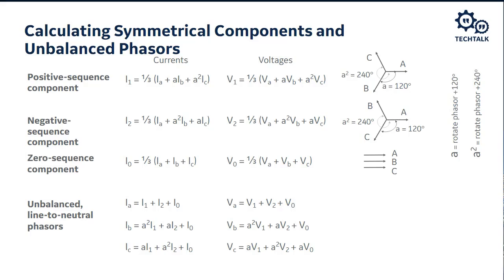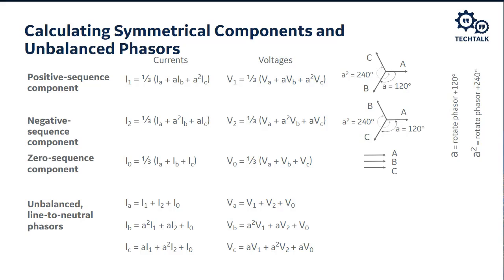Once we've converted them to the sequence quantities, those sequence quantities represent a balanced system. And since they represent a balanced system, the mathematics becomes much easier, to calculate current, loads, things like that.